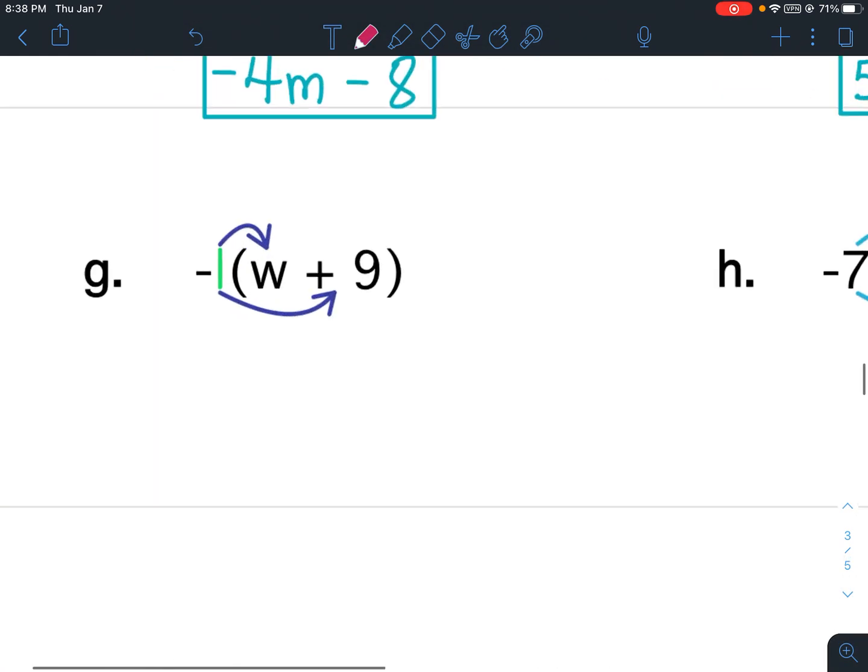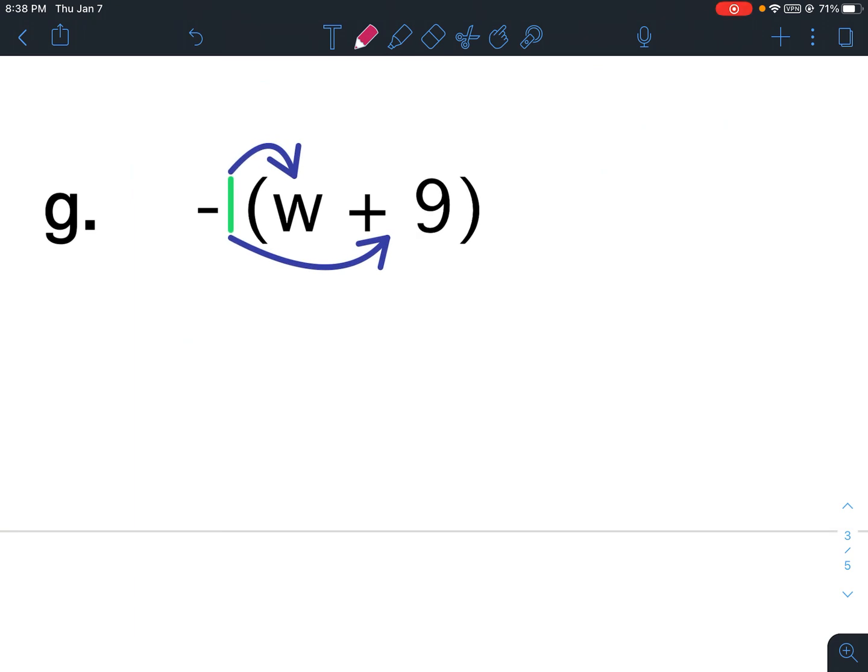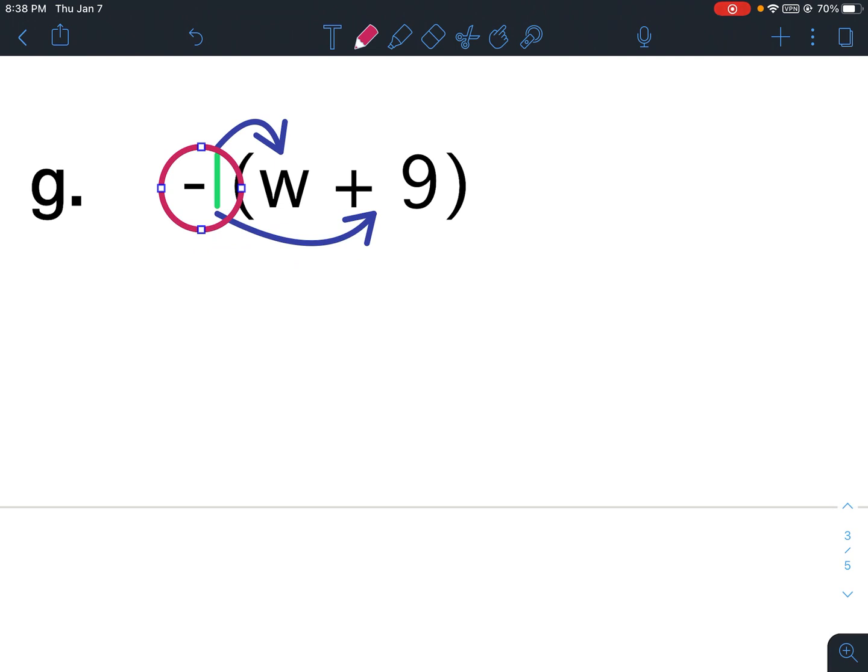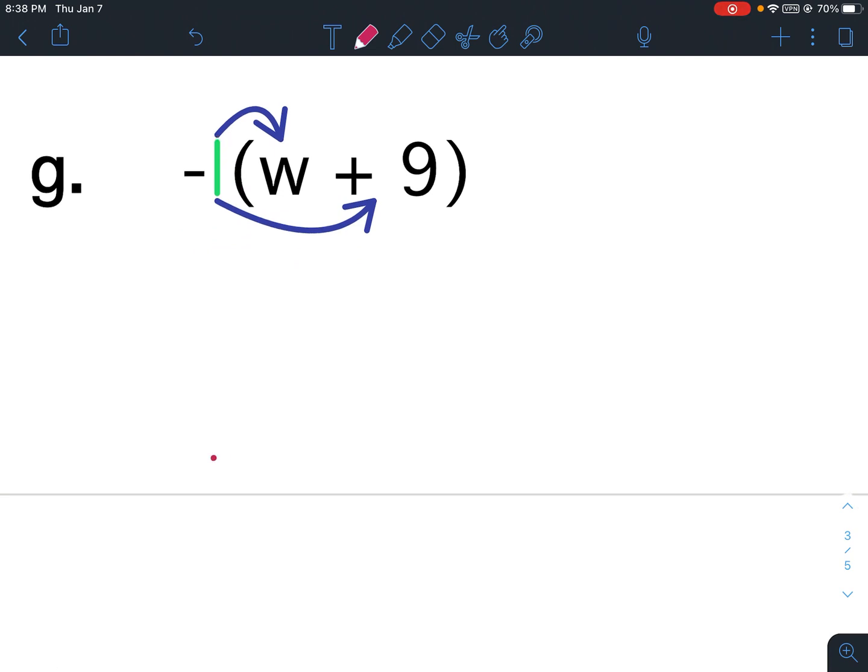All right, G. Again, I'm multiplying by -1. When you multiply by -1, you're just taking the opposite of what is on the inside. So the opposite of positive W would be negative W. You could put -1W, but it really is just negative W. And the opposite of positive 9 would be -9.